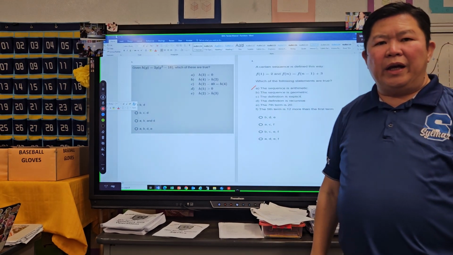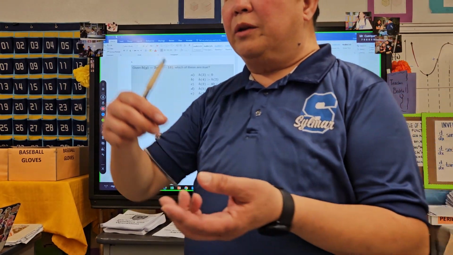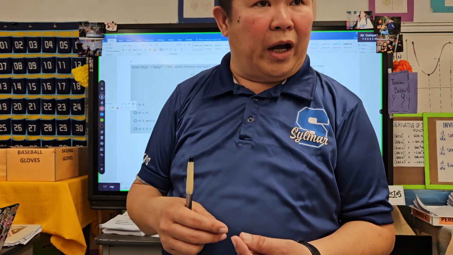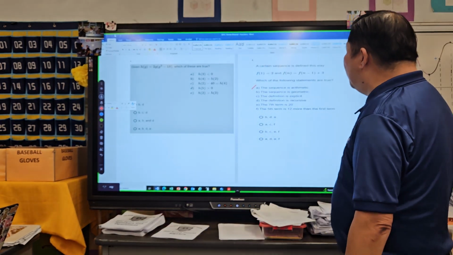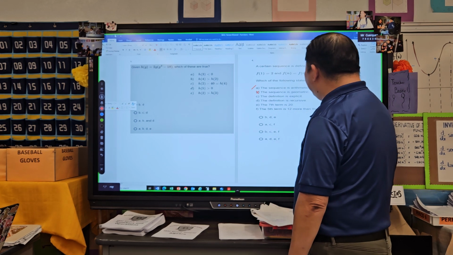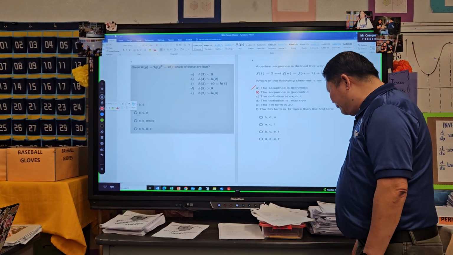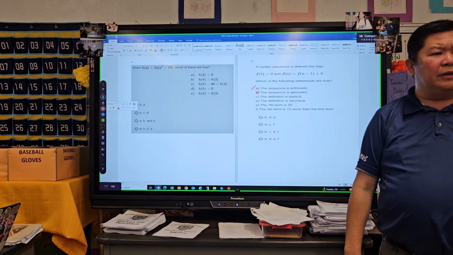Now, when can we say geometric? If it has a common ratio, that means we're gonna divide. But does it has a common ratio? This has no common ratio, so this is not included. Is this a definition of explicit? What is explicit definition?